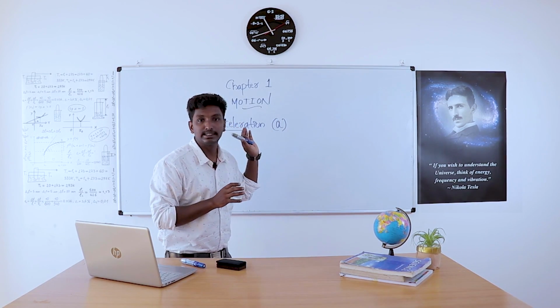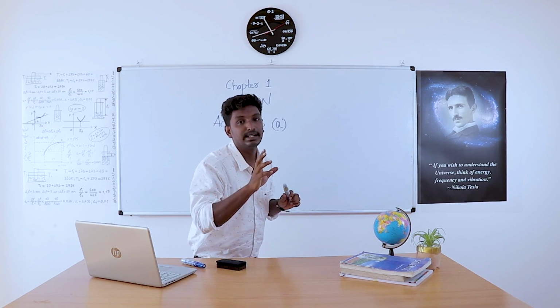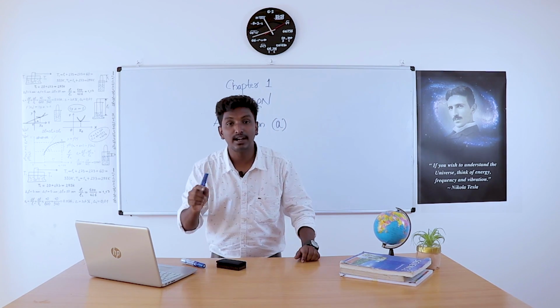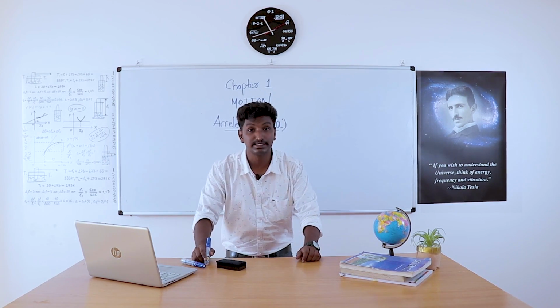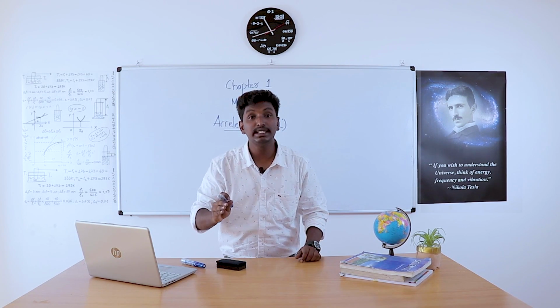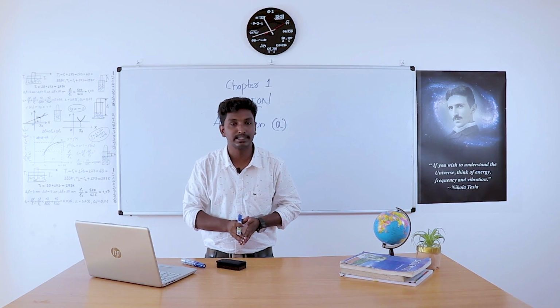That's what is called acceleration. In gravitation, you are studying acceleration due to gravity. It has a value of 9.8 meter per second square. That means velocity is changing at the rate of 9.8 meter per second square.